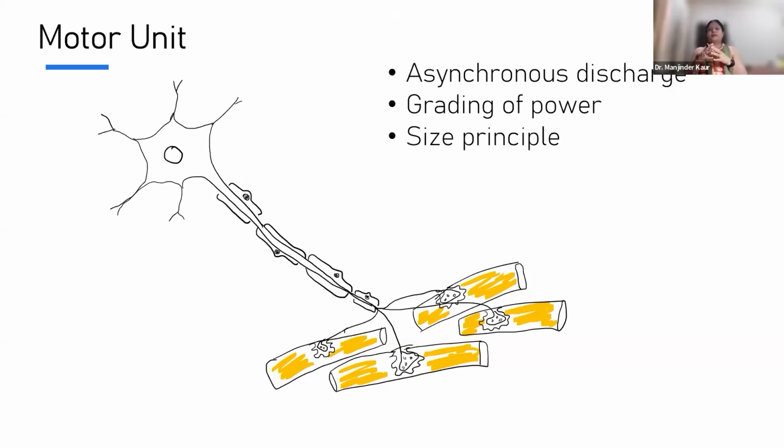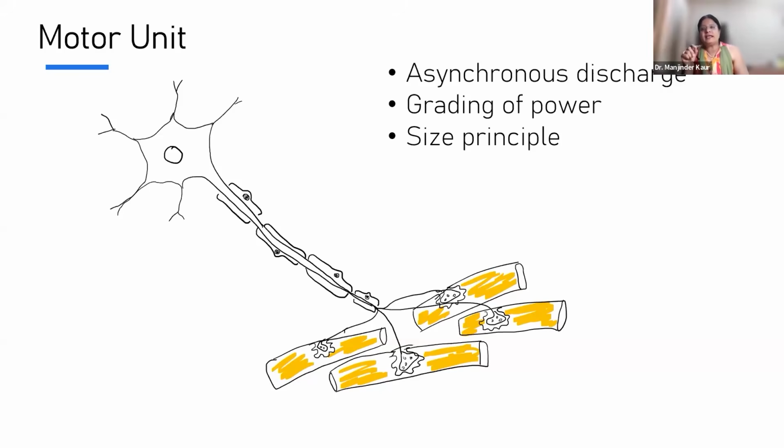Then one very important property of the motor unit is the size principle. So we have the motor units which have nerve fibers with smaller diameters, and we have motor units with nerve fibers with larger diameters.